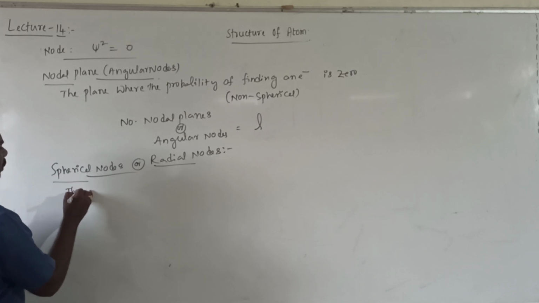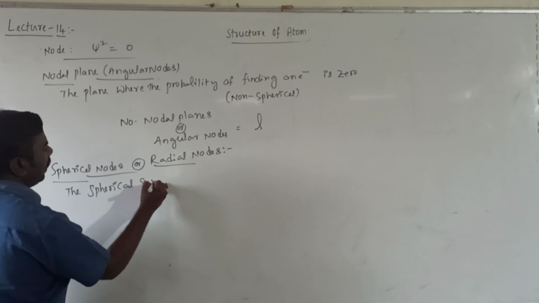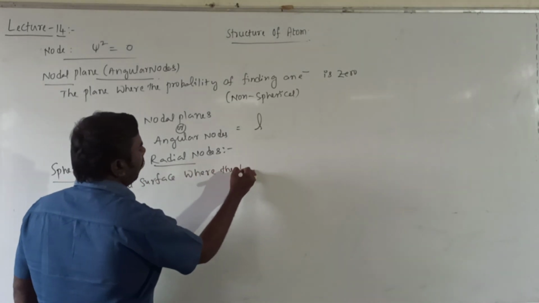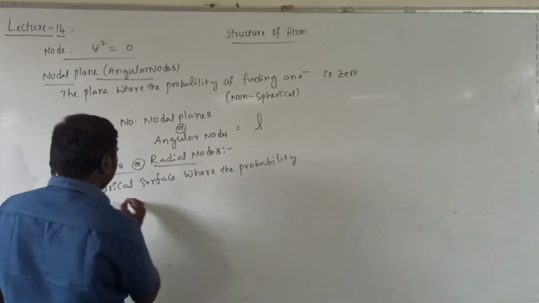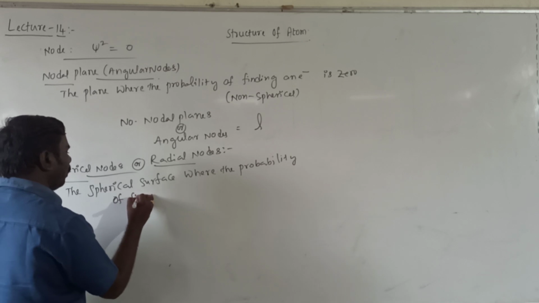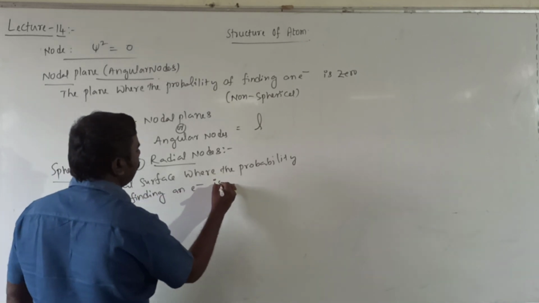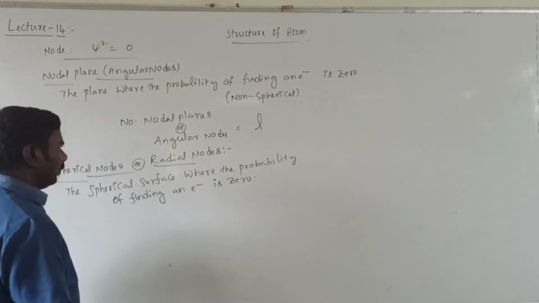So the spherical surface where the probability of finding an electron is 0 is called spherical node or radial node.